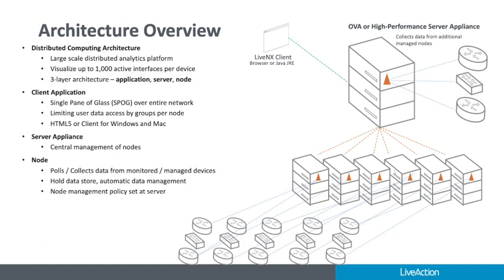When it comes to the LiveNX architecture, we have an OVA, or you can also deploy it as a high-performance server appliance. And we have a distributed architecture where you can have one master collector node and then different collector nodes across the network.